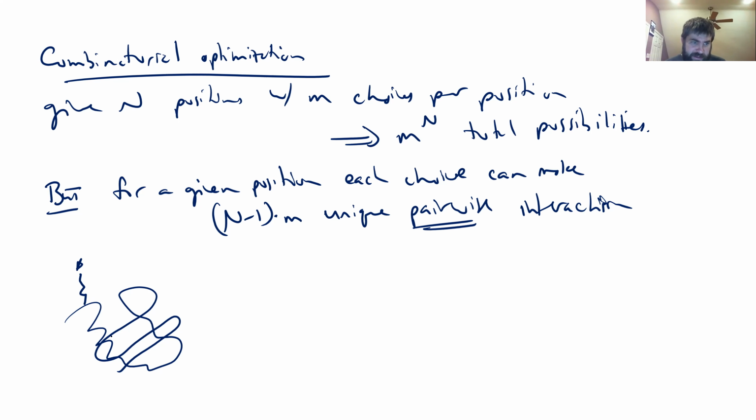Well, there is also a choice over here. It has some small amino acid choices, some larger amino acid choices that have a few positions, and much larger amino acid choices that have more positions. And so this particular amino acid can make m different interactions with this particular position.